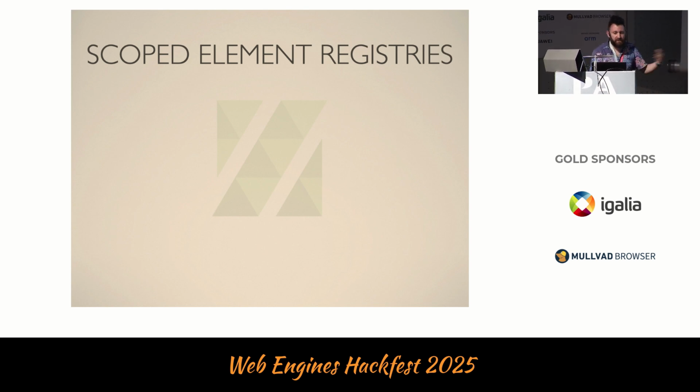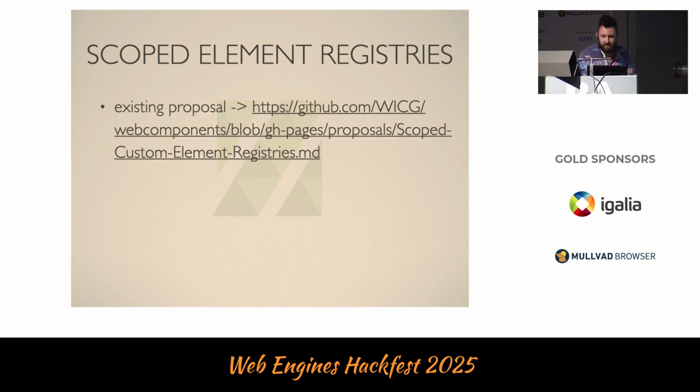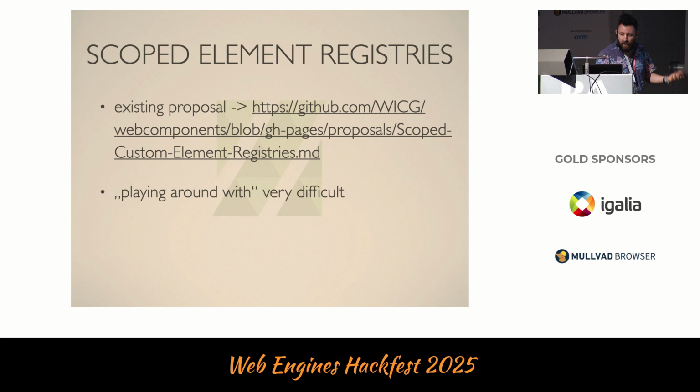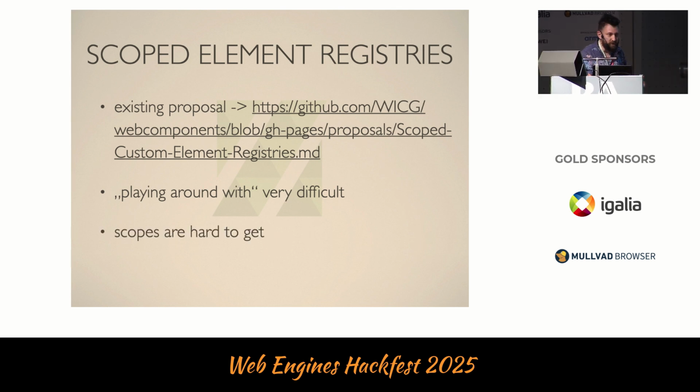And as the name implies, it's about multiple custom element registries that are scoped to a particular element, and every web component that lives beneath that scope can have its own class. Yeah, so this is an existing proposal. Playing around with this, getting scopes to understand, is difficult. Closures, anyone?